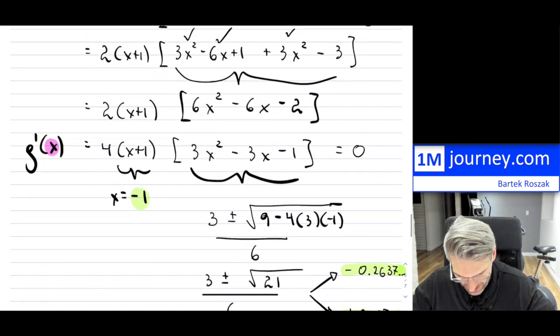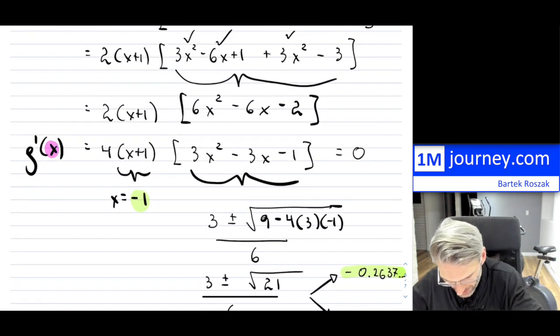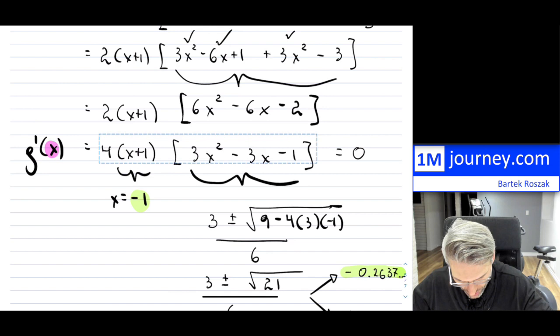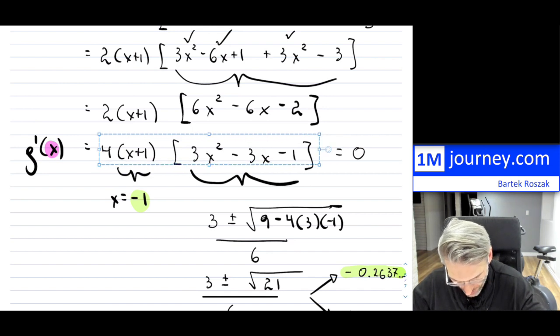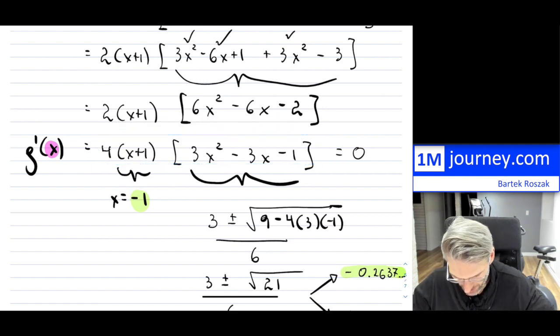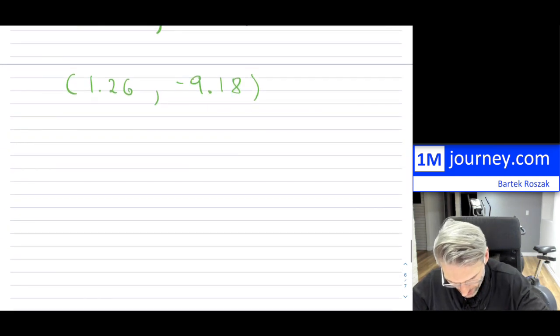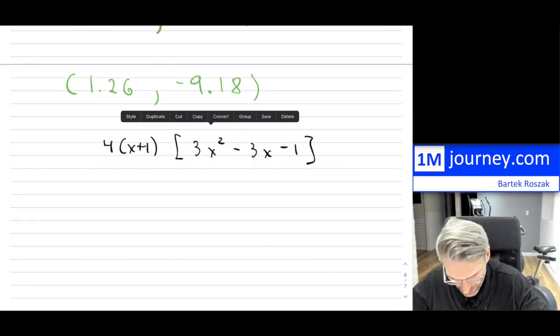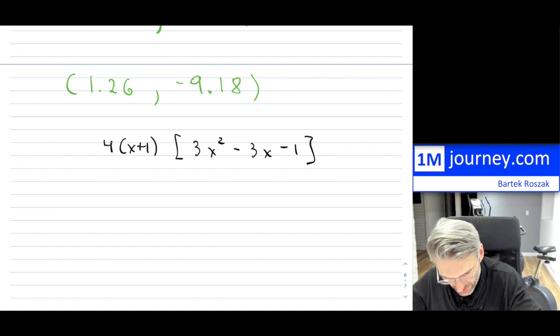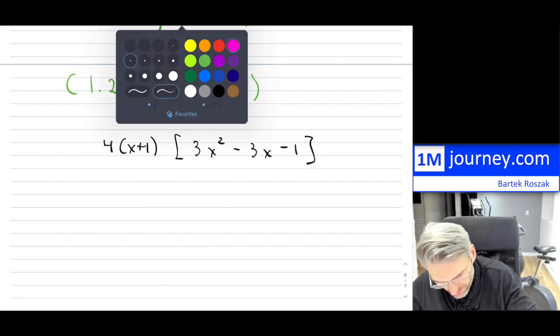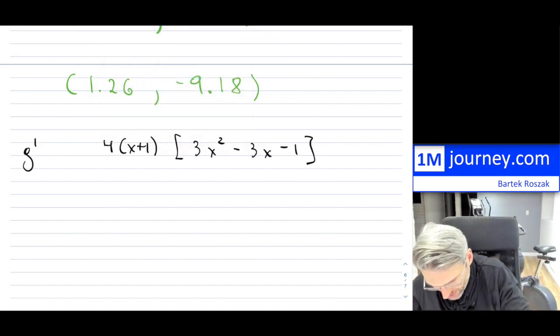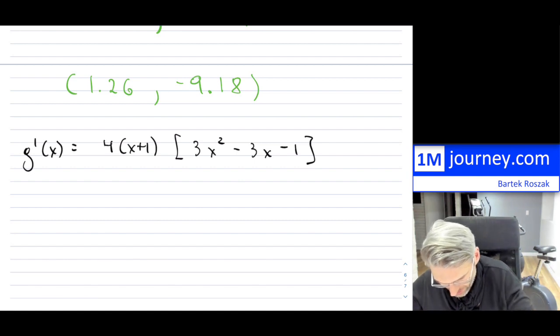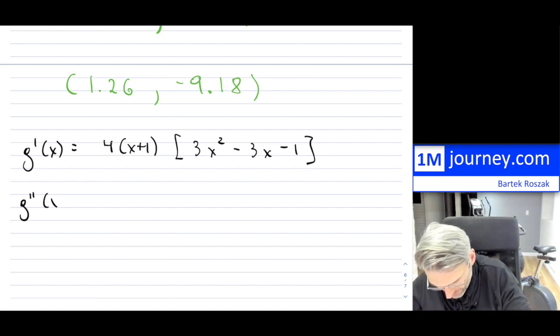Now, this isn't fun, because here is my derivative, g prime. I'm going to copy this, bring it down. This is my g prime of x, my derivative, but I want to know the second derivative.